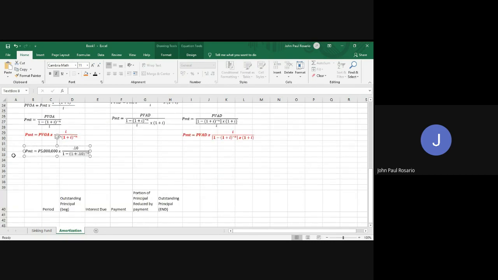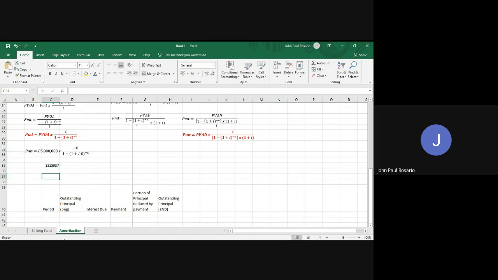With that in mind, we can now solve for our payment, which is 5 million multiplied by 0.10, and we divide this by 1 less 1 plus 0.10 raised to the power of negative 5.